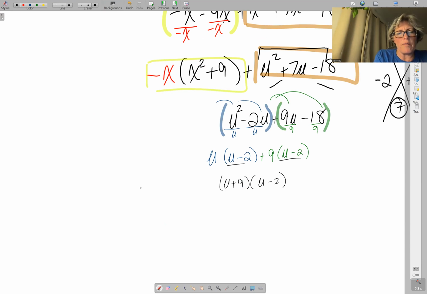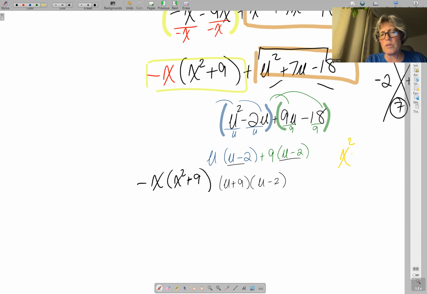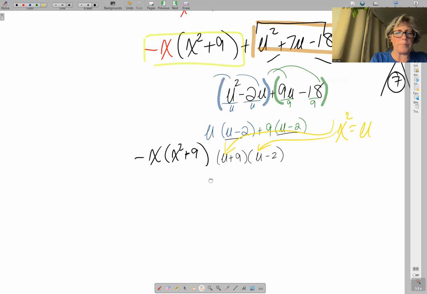So I have negative x, parentheses, x squared plus 9. Now that we have that factored with the u, we keep in mind our definition of u is x squared equals u. So I'm going to bring back that definition of x squared.